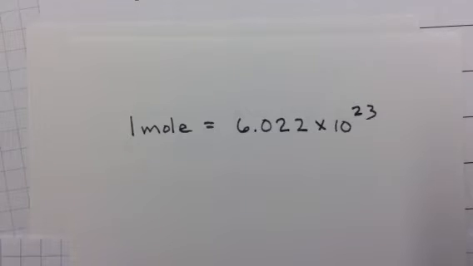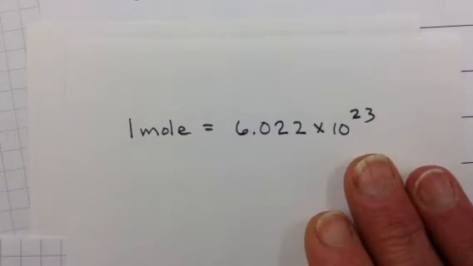And 1 mole of a molecule is 6.022 times 10 to the 23 of those molecules.